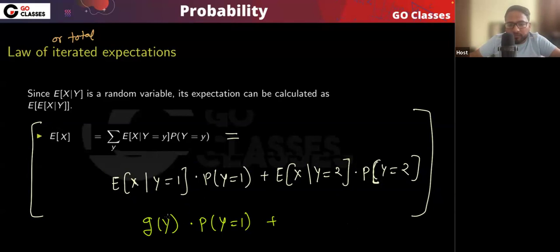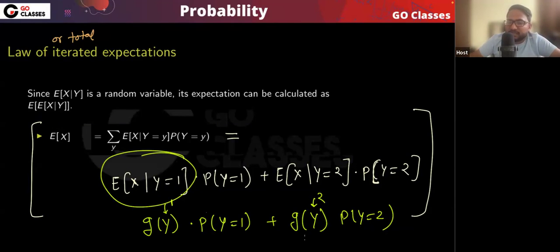So g of 1 basically, here y is actually 1. And similarly, g of y, here actually y is 2, but I'm just writing like this, probability of y being 2. Can I write like this? I'm just treating this thing as a function of a random variable y, just to have some notation.